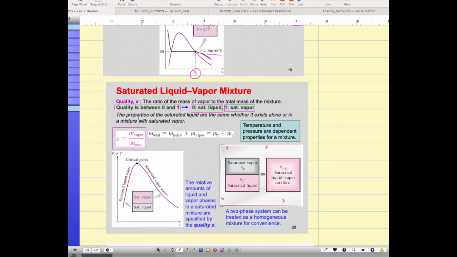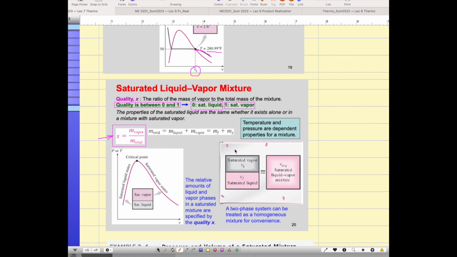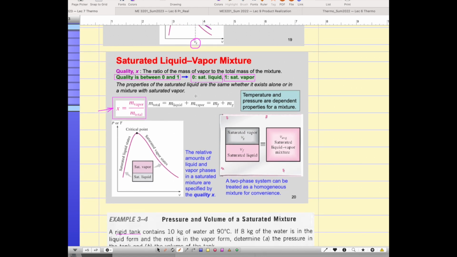The next important thing is, what is quality? Quality, as I explained earlier, is the amount of gaseous vapor in the whole container, in terms of how much liquid vapor mixture there is. There is no quality inside the superheated region or the compressed liquid region. Only the quality will lie inside the liquid vapor mixture.